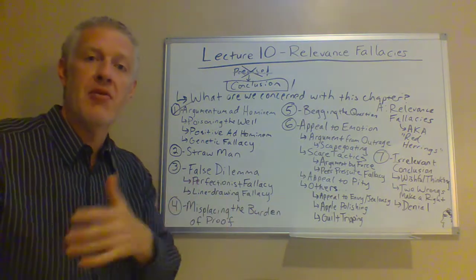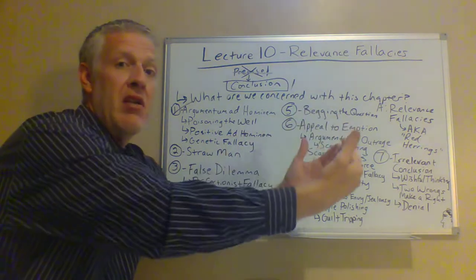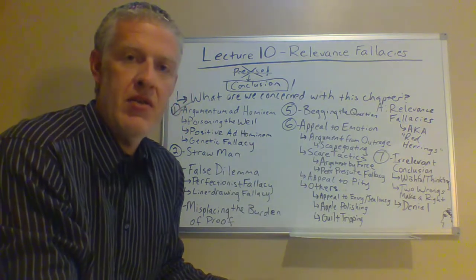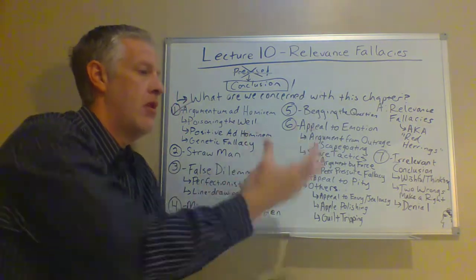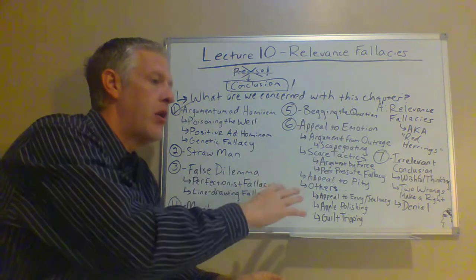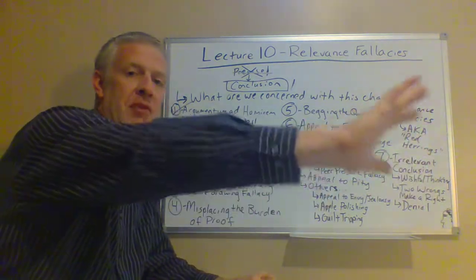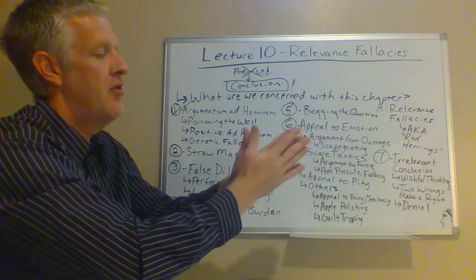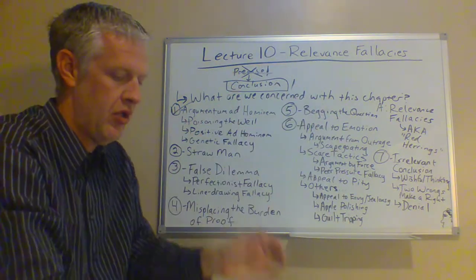The person that's guilty of the straw man has misrepresented it in such an extreme fashion that most of us, not knowing any better, are going to reject the opposition's position, because we've been given not the real position, but such an extreme misrepresentation of it.